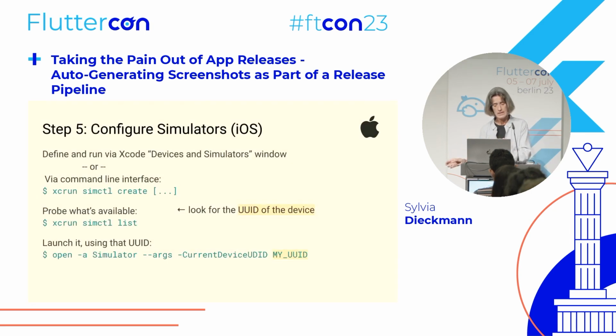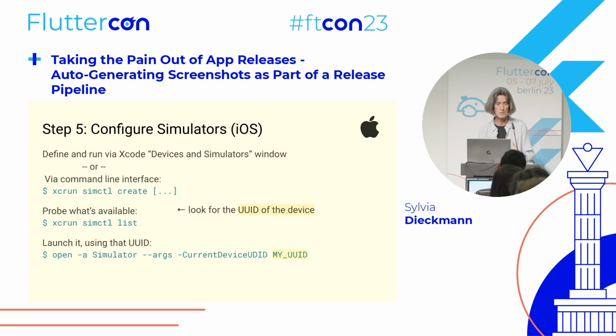On the iOS side, same story. I can use Xcode to generate simulators, to interact with the simulators and generate new ones, but I can also do it from the command line. I can list what's there. I can start one at a time from the command line. In this case, this awkward dance between emulator name and device ID doesn't exist.